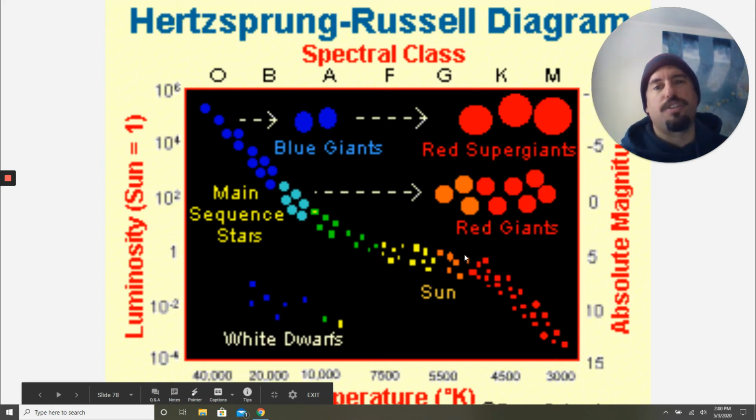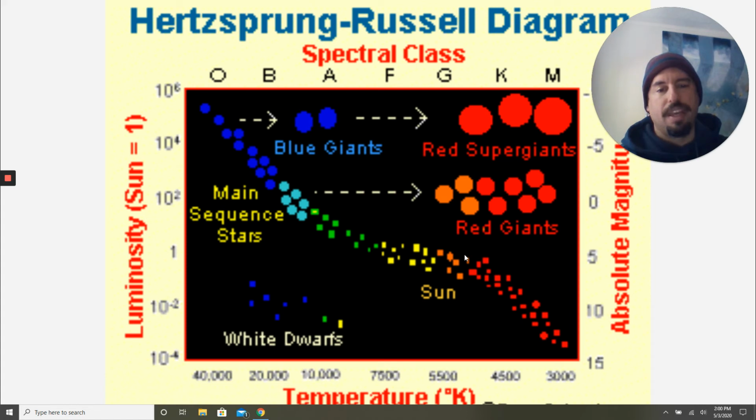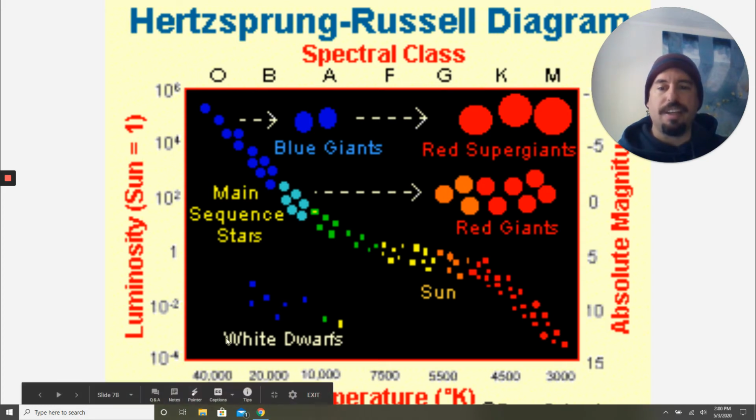This is called the Hertzsprung-Russell diagram. It kind of shows the stellar evolution of stars. So you can see we have O, B, A, F, G, K, M, "Oh, be a fine girl or guy, kiss me." This is hotter, this is colder. It's kind of backwards.